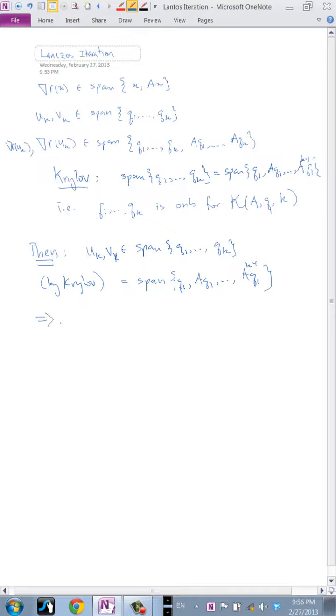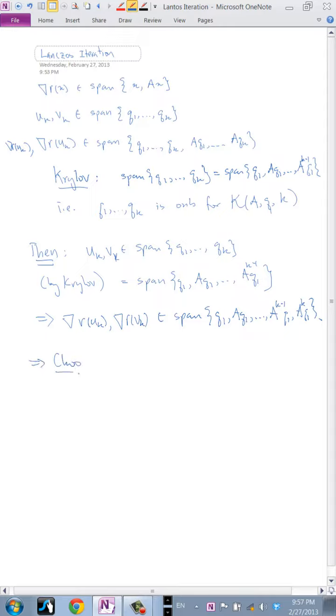And therefore, the gradient of R at u_k and the gradient of R at v_k are going to be in the span of q_1, A q_1, up to A^{k-1} q_1, A^k q_1.